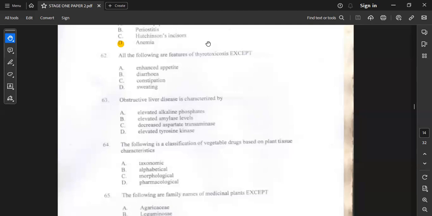Also, we can have tachycardia, muscle weakness, and ophthalmopathy.